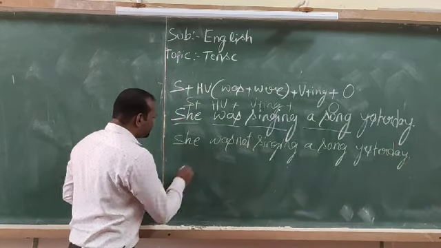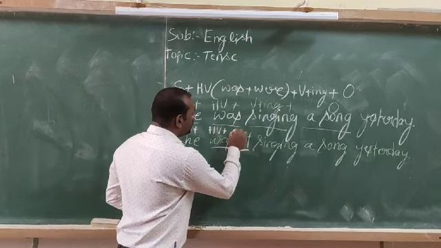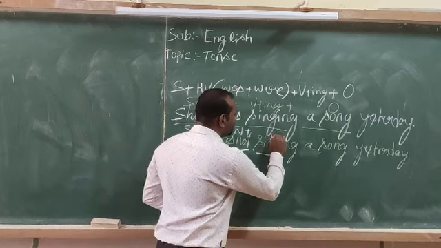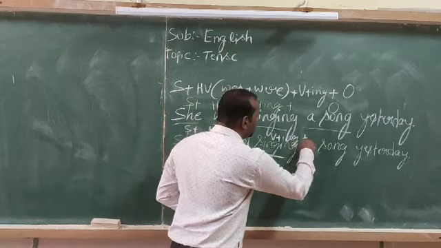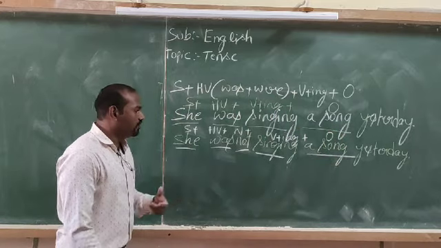Here she stands for subject, was stands for helping verb, not for the negative sentence, singing stands for verb plus ing, and the rest of the sentence stands for object.